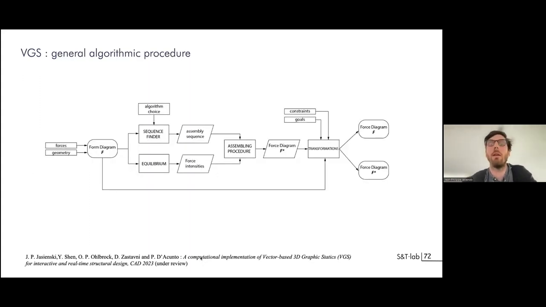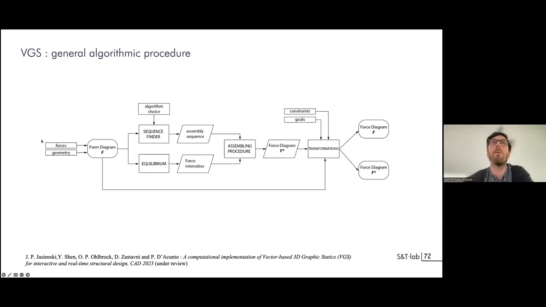So I will very quickly explain how we converted the theory into a tool. It's kind of interesting to know how it works, so that when you use it, you have knowledge and understanding of how it works.